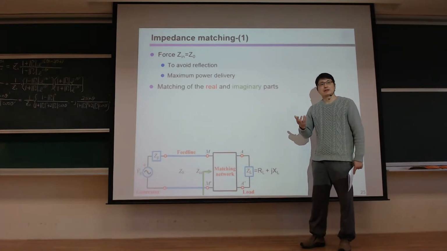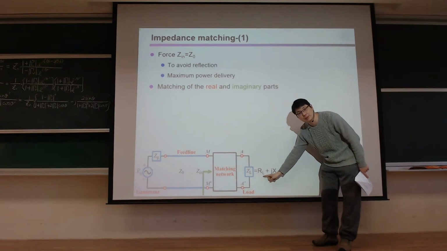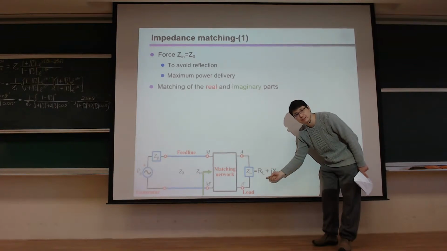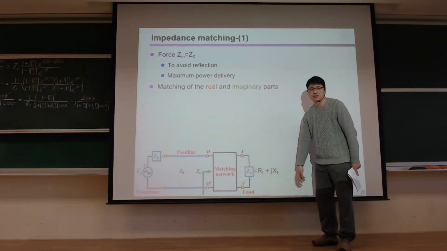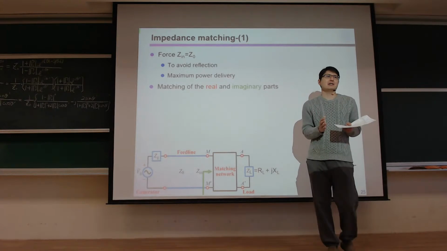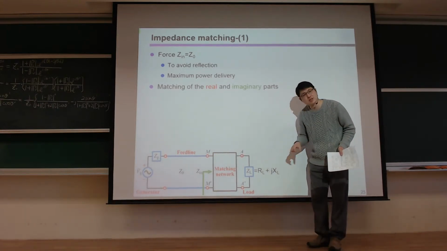A load impedance can be separated into 2 parts. The first one is the real part, the resistor. Second part is the imaginary part, right? Capacitors or inductors. So in any case, the impedance is a complex number. It will have its real part and its imaginary part.